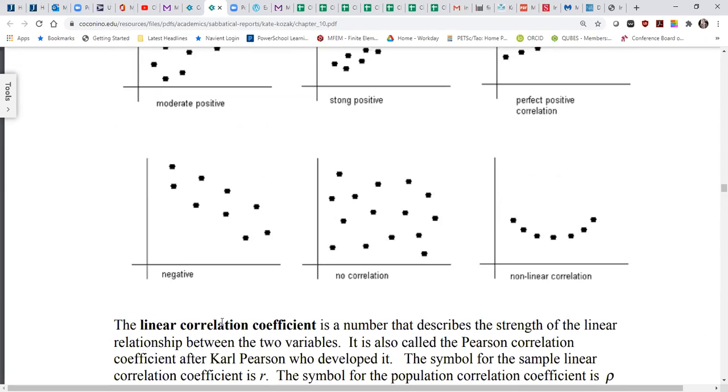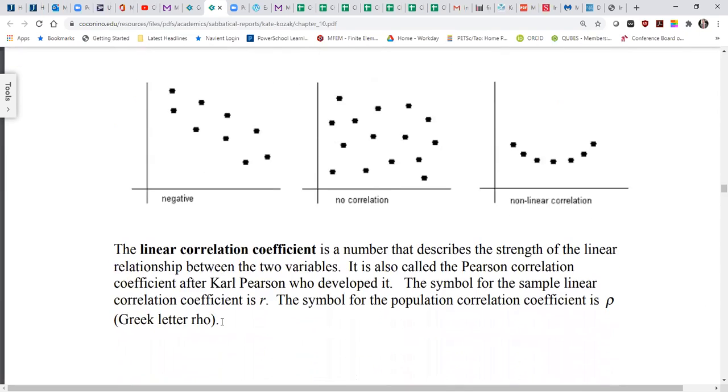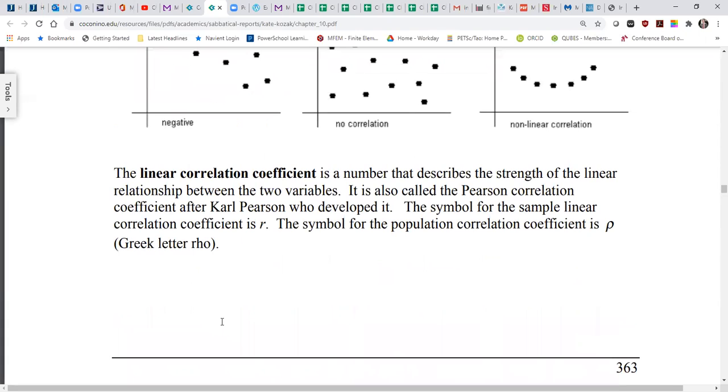So you can see here the linear correlation coefficient is a number that describes the strength of the linear relationship between two variables. Okay. We call it the Pearson correlation coefficient after the person named Karl Pearson, who developed it. The symbol for the sample linear correlation coefficient is R, and the symbol for the population correlation coefficient is rho.